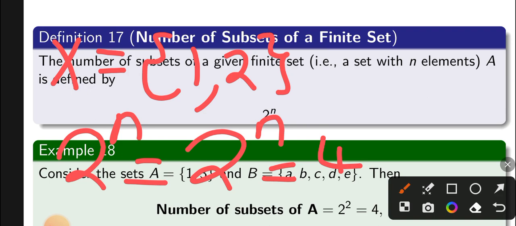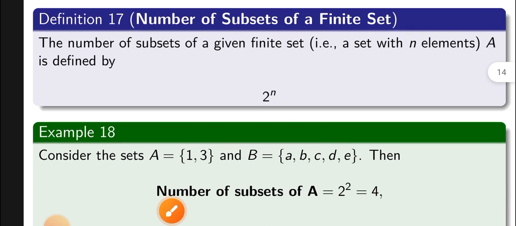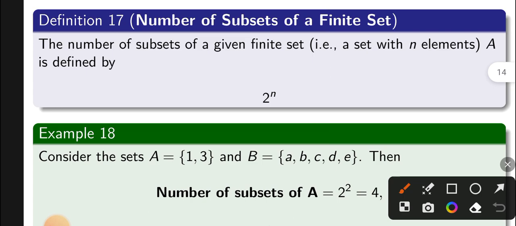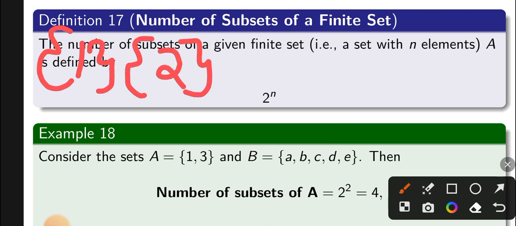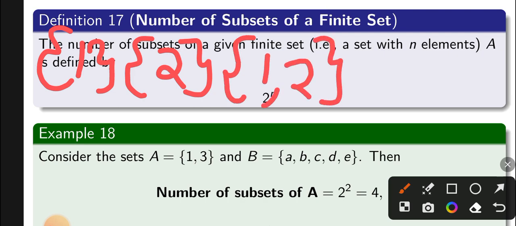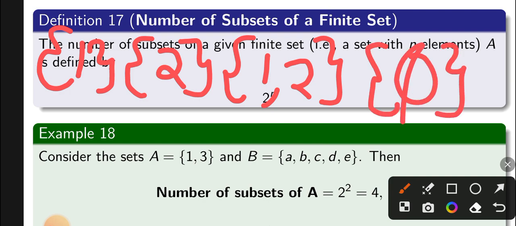How do we prove that they are 4? Set x has 1 and 2, so you have subsets {1}, {2}, {1,2}, and an empty set.